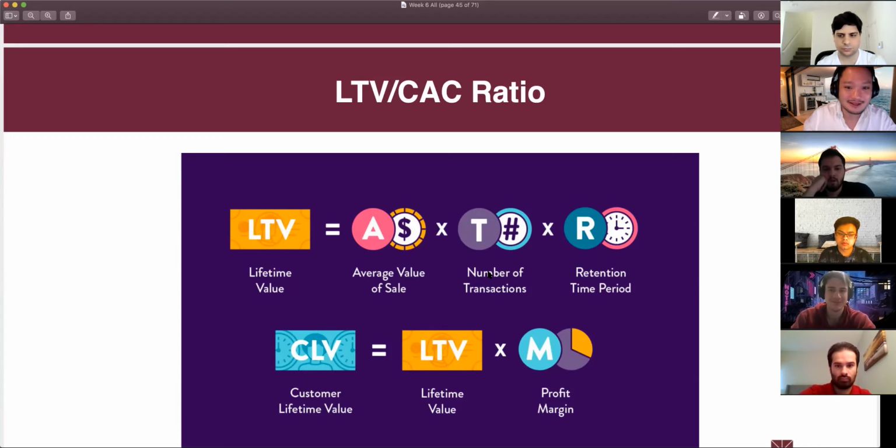He sells all these candies to sugar addicts, basically. The average customer makes about 5 transactions, and the average amount they pay per candy is about $10. So it'd be 10 times 5 times 5 months, the duration that they're staying. That's the total lifetime value of a customer.